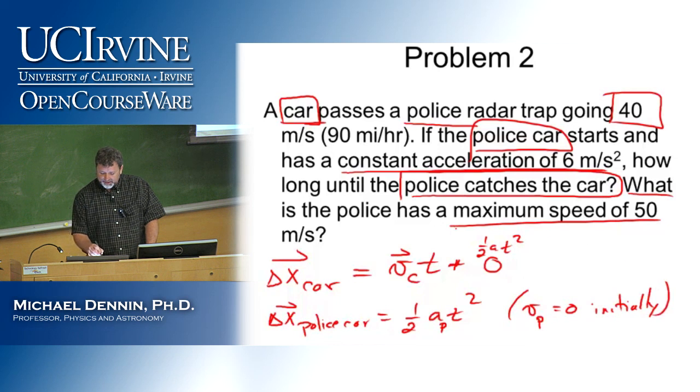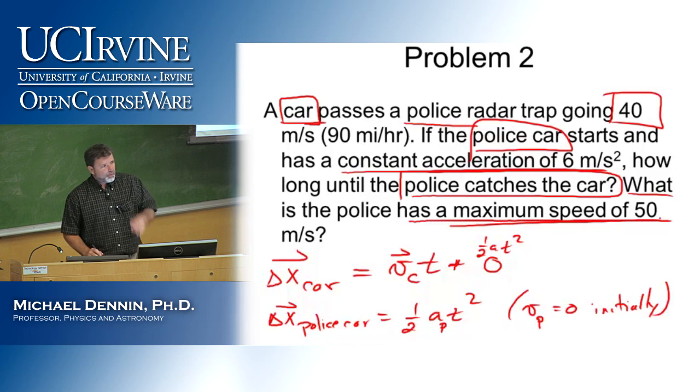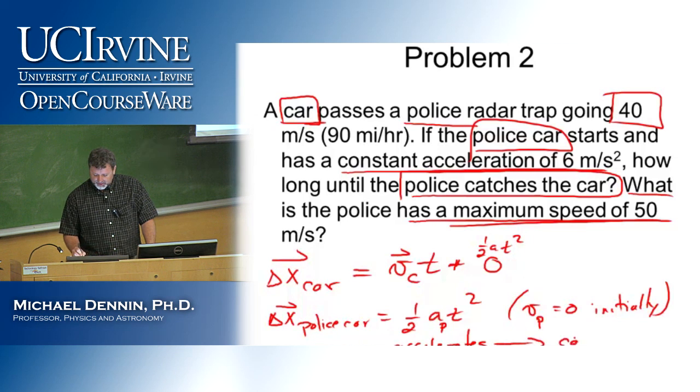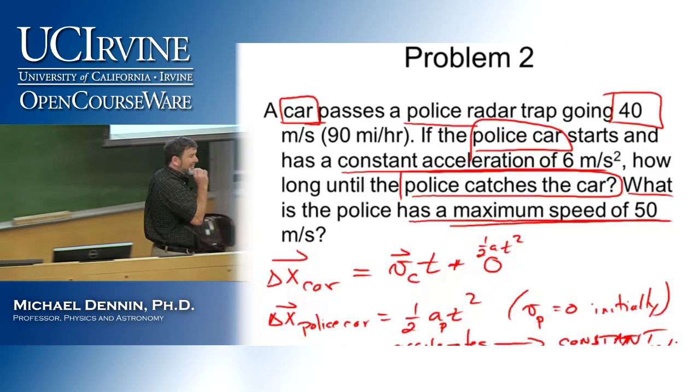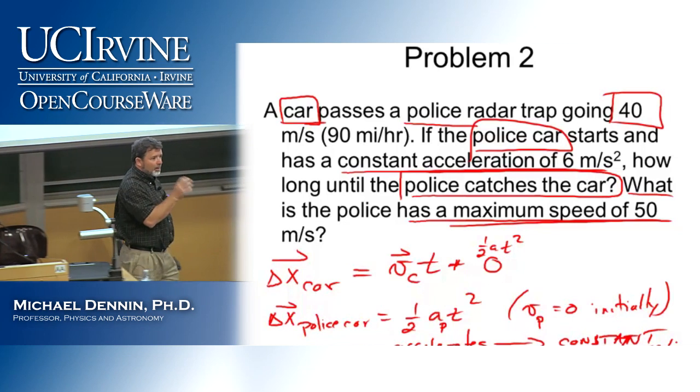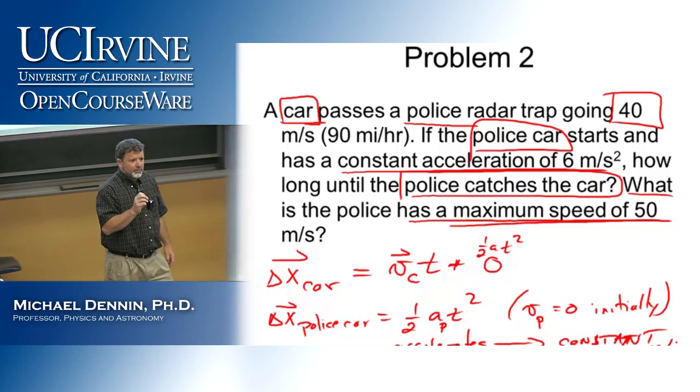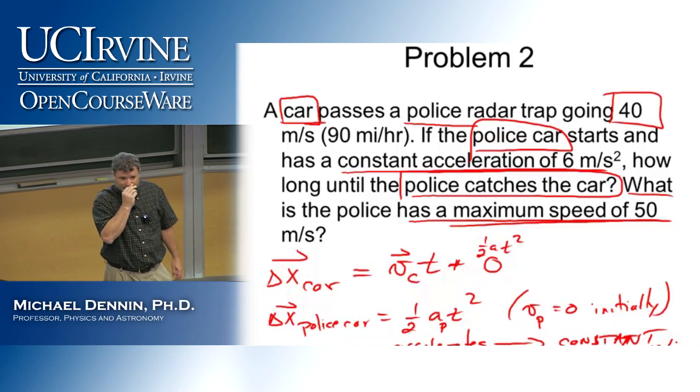And what we'll see is in the second case, things get more complicated because the police car will have two motions, one where it accelerates, and then when it reaches its maximum speed, it goes at constant velocity. So the thing to notice here is, again, we will do this entire problem only using 2 of our 3 equations.